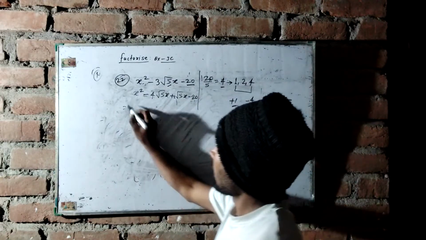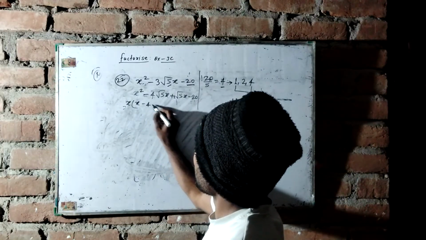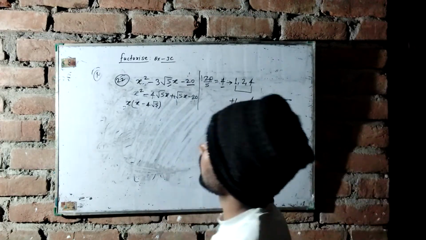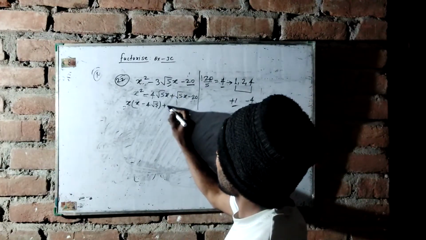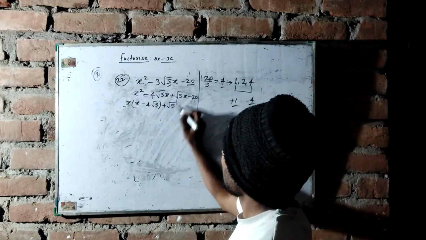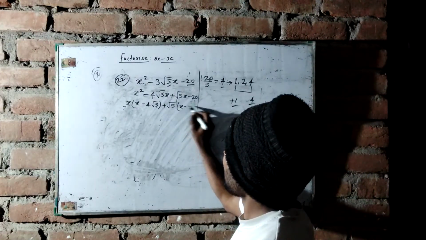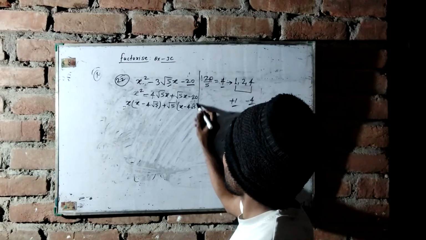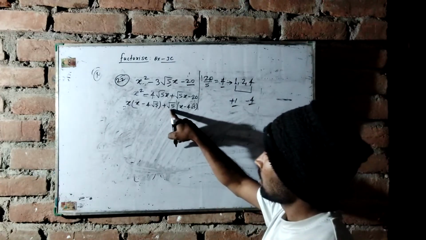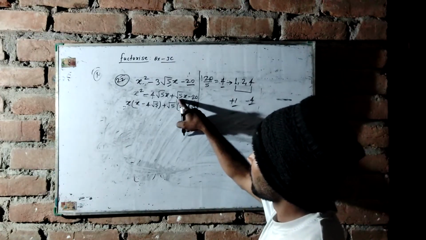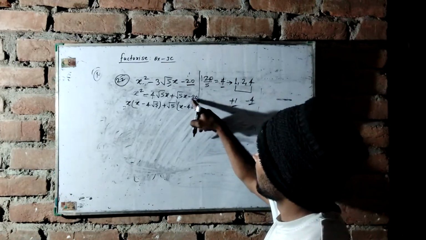Now we can take x as a common and we can write x minus 4 under root 5 as a multiple, and we can also take here plus root 5 as a common, and we can write x minus 4 under root 5 as a multiple, because if you multiply this with this you will get this, and if you multiply this with this you will get this.